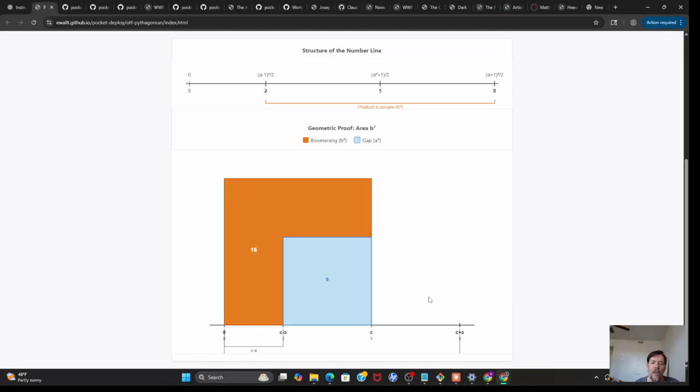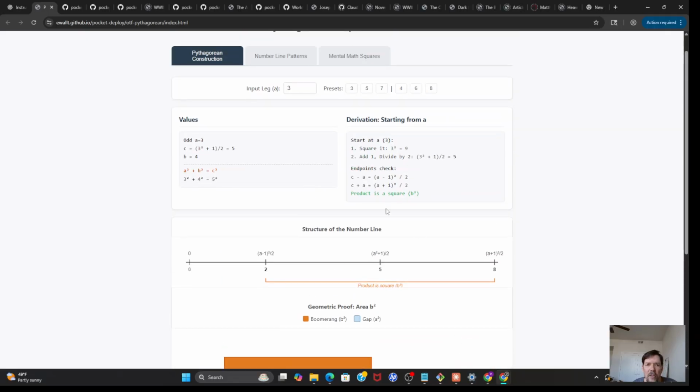So as long as we choose C minus A and C plus A in such a way that that product is the square of an integer, then we're going to have A squared plus B squared equals C squared. So we can ask the question, well, how can we do that? How can we choose C minus A and C plus A so that their product is a square? Well, one obvious way of doing that would be to choose C minus A to be a square and C plus A to be a square.